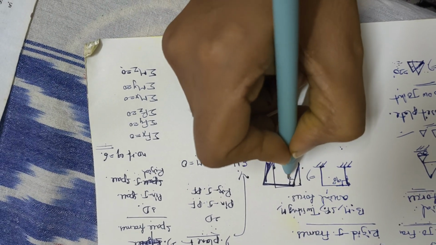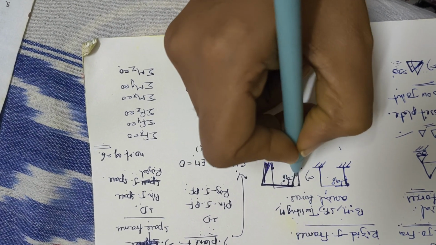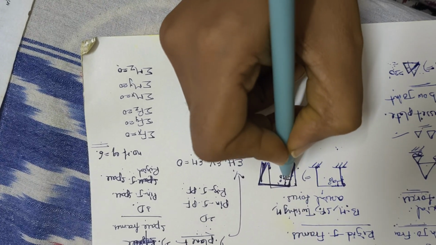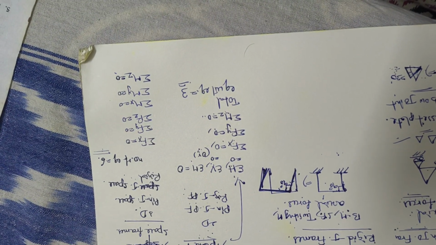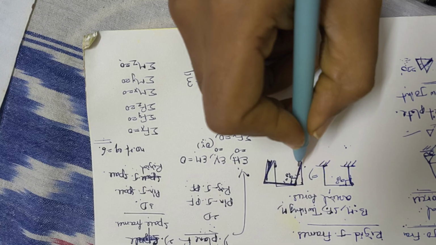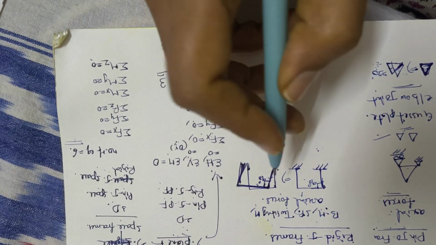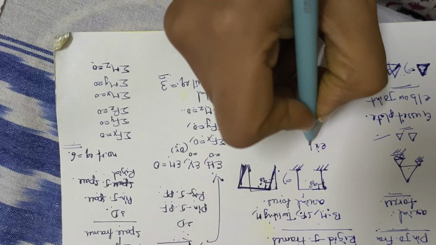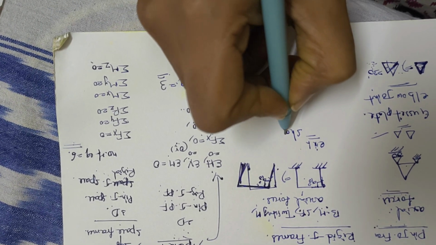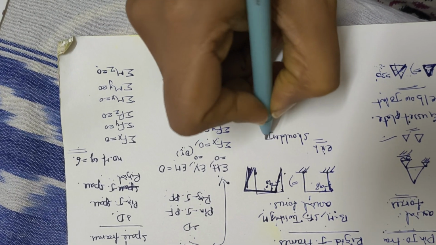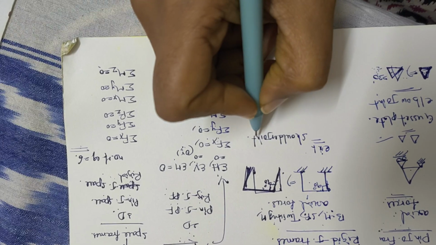So here also the angle is 90 degrees. After deformation also, the angle between the members remains the same. So that is the main difference between pin jointed and rigid jointed frames. And an example is our shoulder joint.